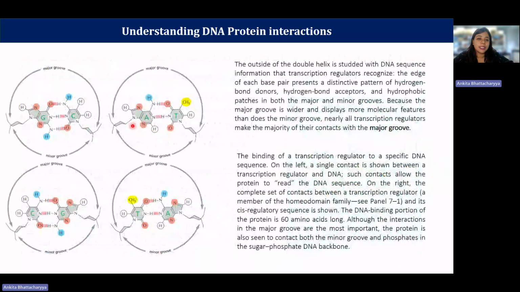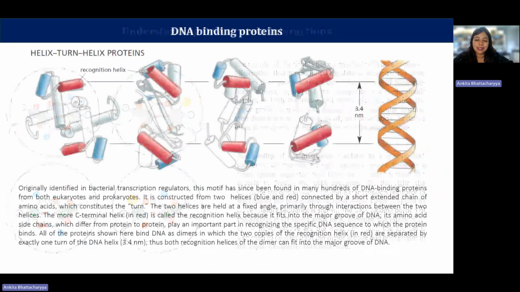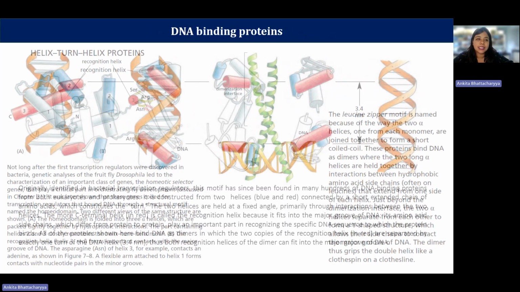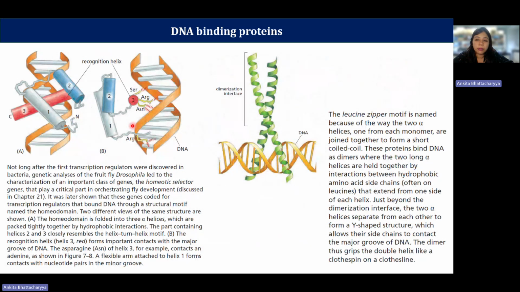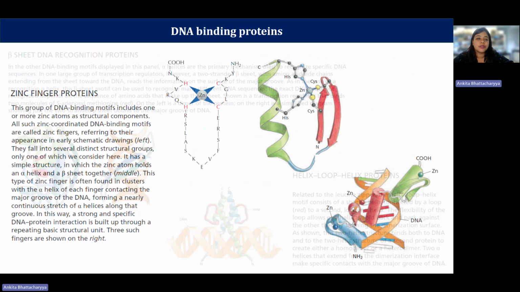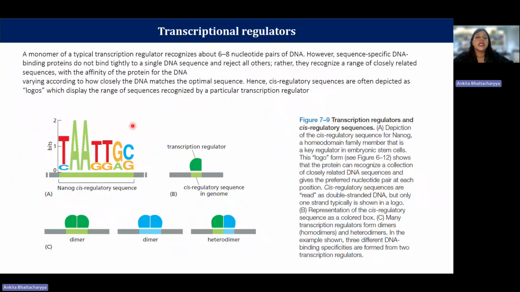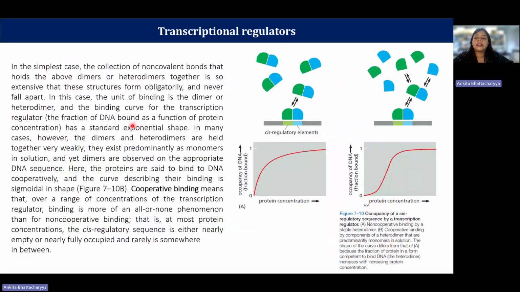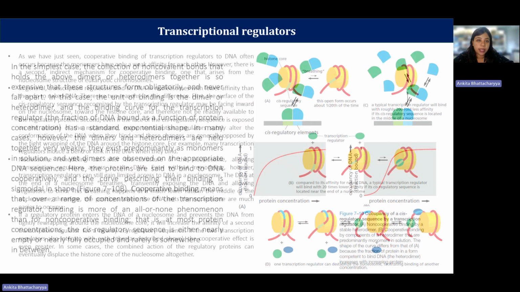We talked initially about the way in which proteins are able to access DNA via the major groove, different types of DNA binding proteins, helix-turn-helix proteins, helix-loop-helix proteins, the leucine zipper motif, beta sheet recognition motifs, zinc finger motifs, transcriptional regulators, and the way in which they bind and access DNA, the occupancy associated graphs or curves as well.